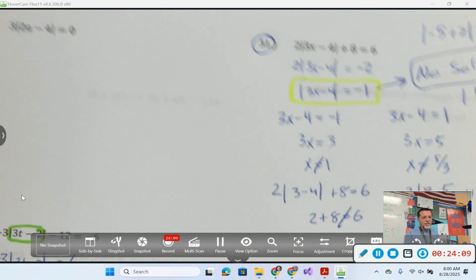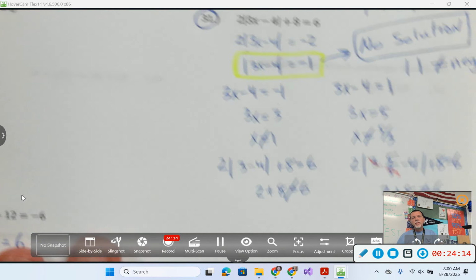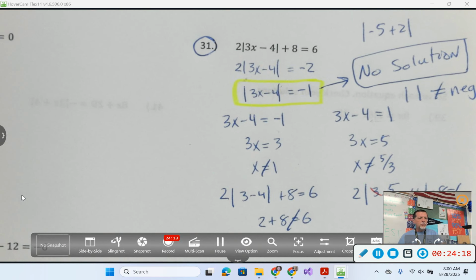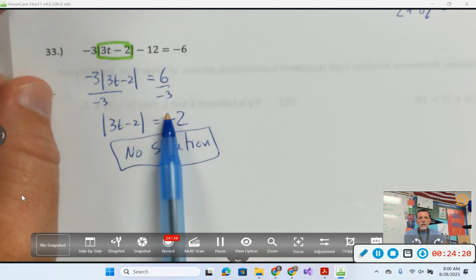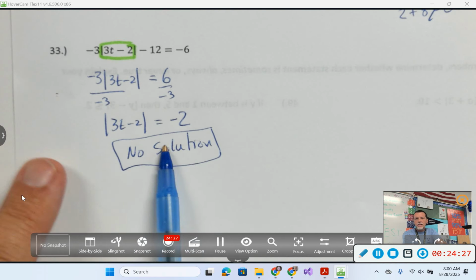The other mistake is to not think about it at all and just work the problem like all the others. You should still catch it at the end, but be careful. Use the shortcut, but the shortcut only works once you've isolated the absolute value. Then you can start thinking, is this going to work or not?